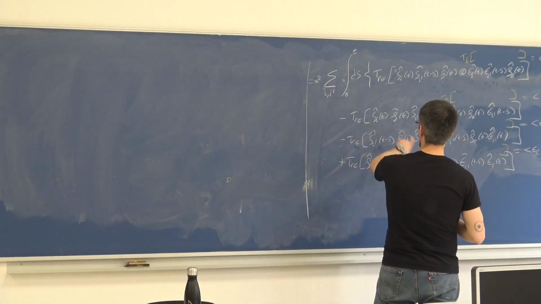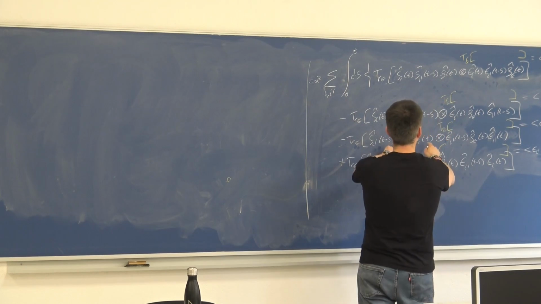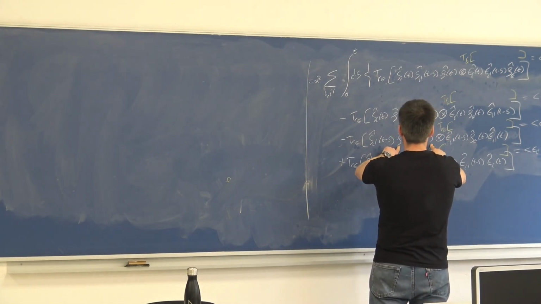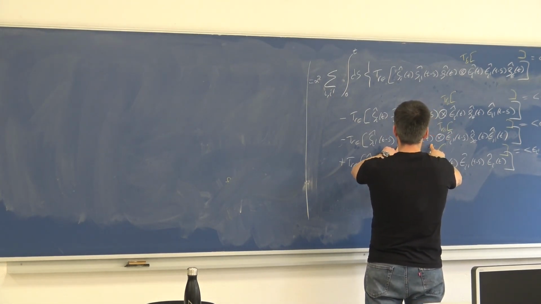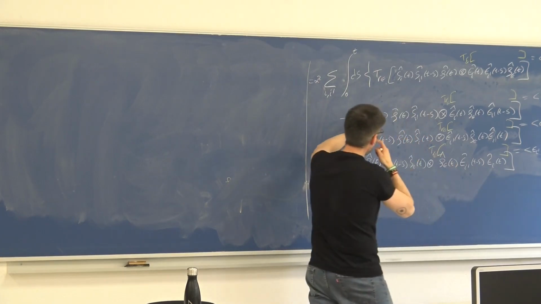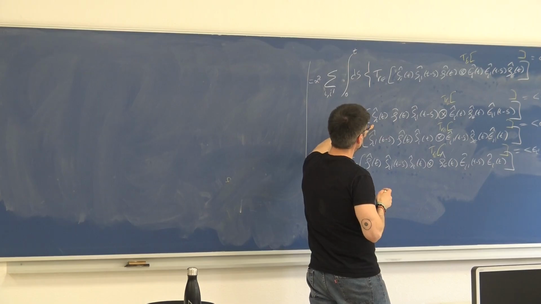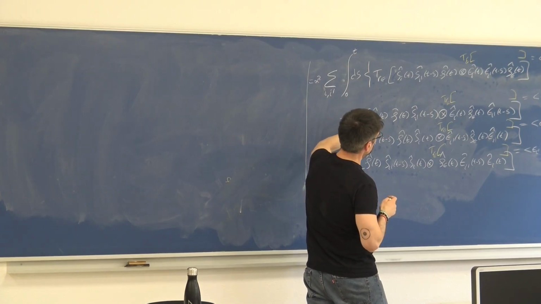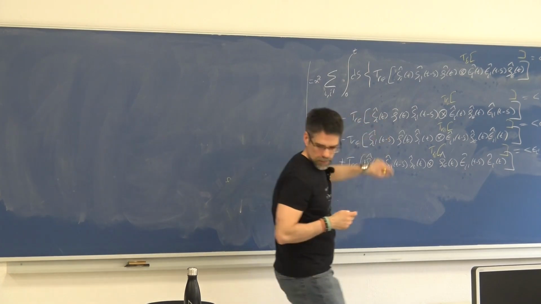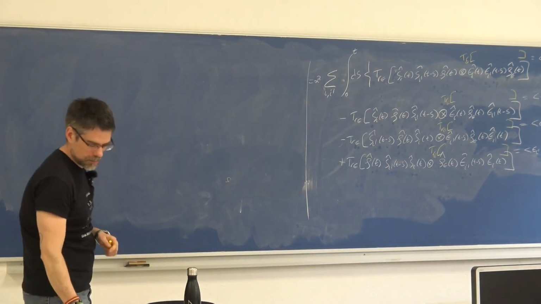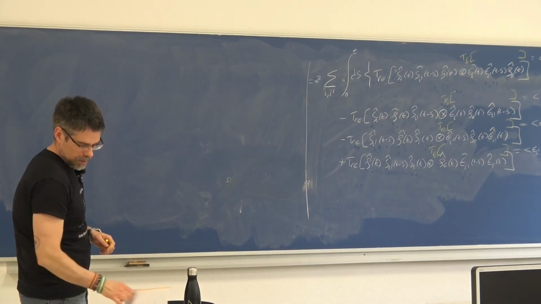At this point, I'm already tired, so let me check. This is rho S. This is S rho. So what is the commutator is, let me check if I have it right or maybe a mistake.